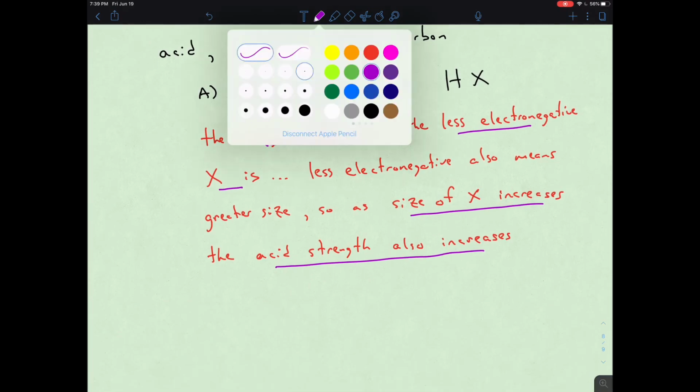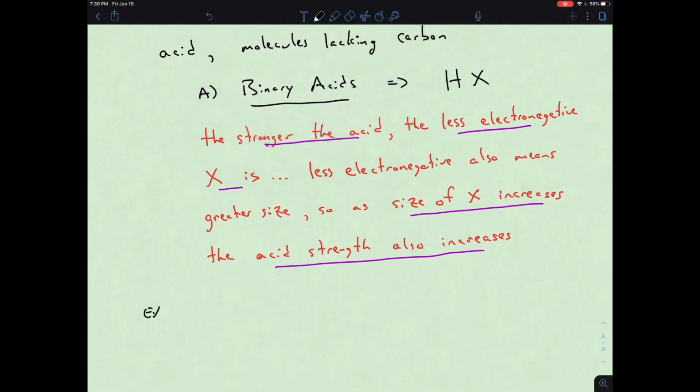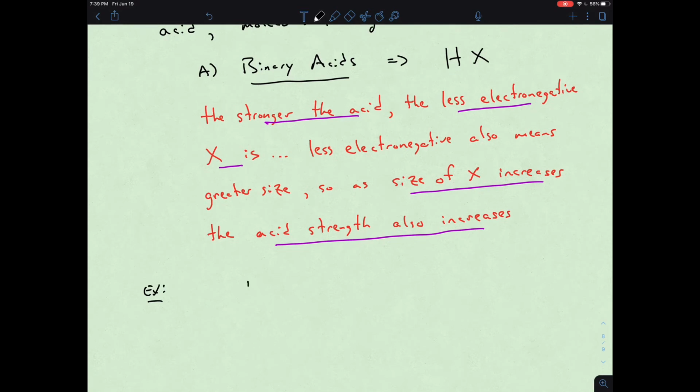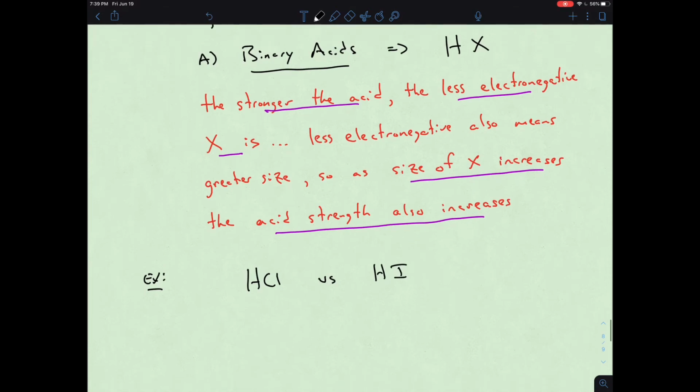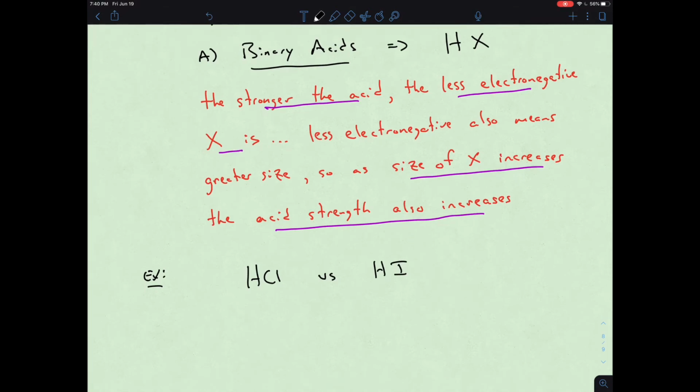So in looking at some examples of binary acids, we could look at hydrochloric acid versus hydroiodic acid and ask the question, which is stronger?